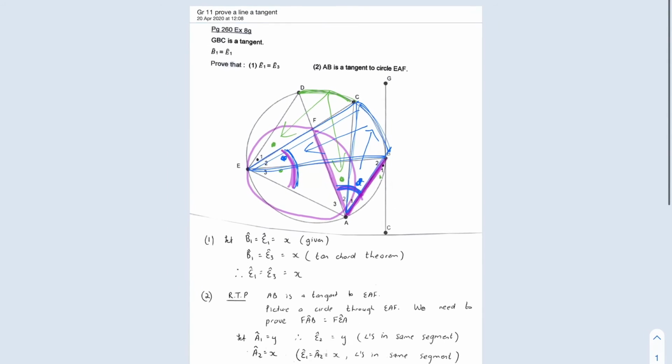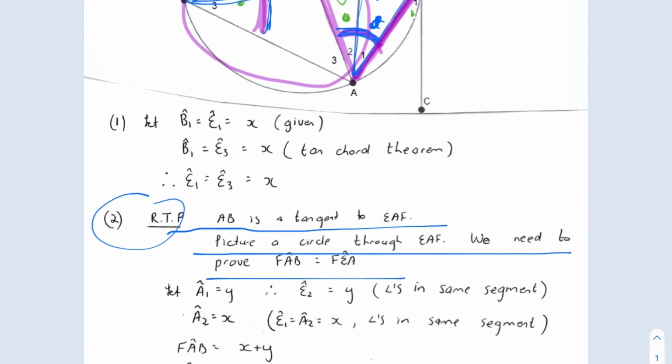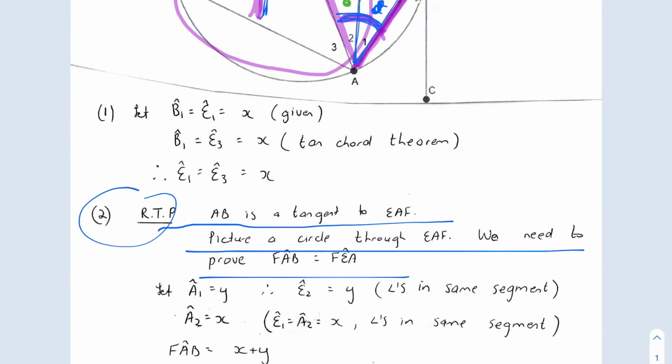I want to show you what I've done here in this little scenario for the second one. What I have done is I've actually explained what I've tried to do. We're required to prove that AB is a tangent to EAF. So I would like you to picture a circle through EAF.